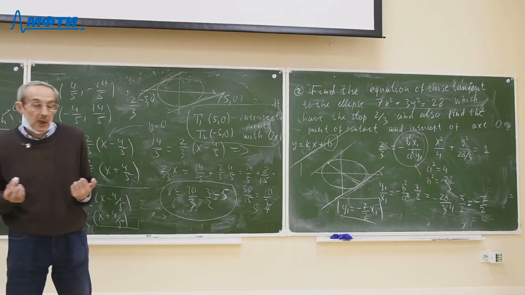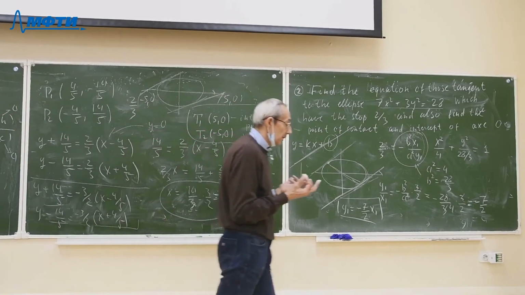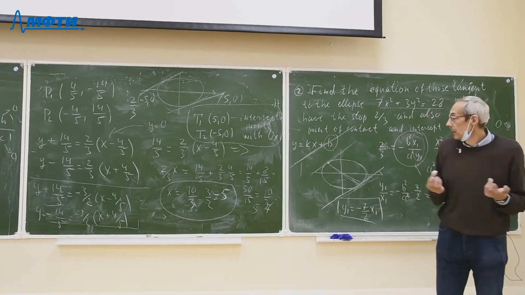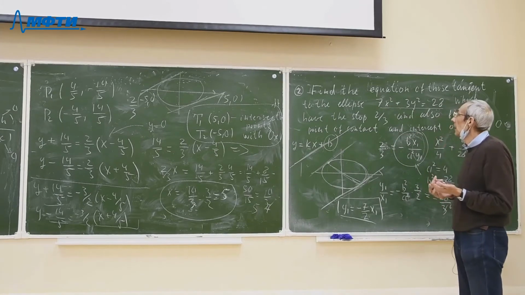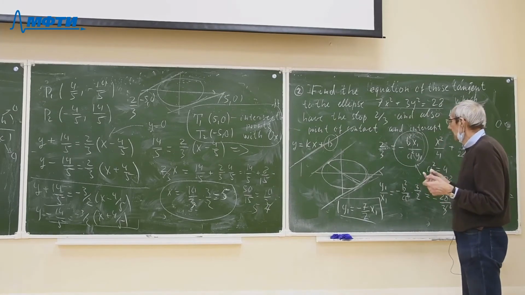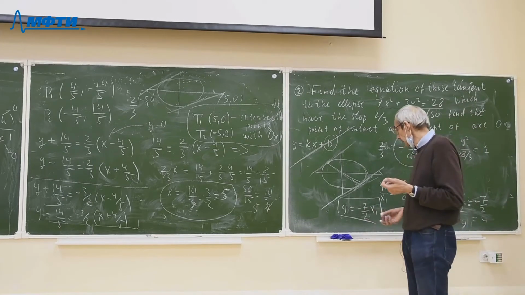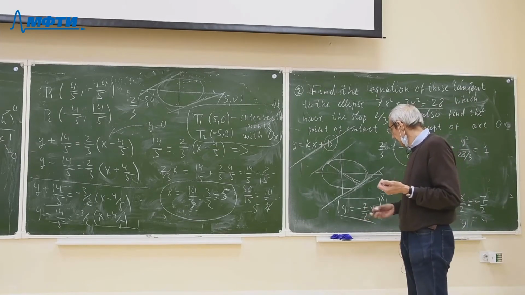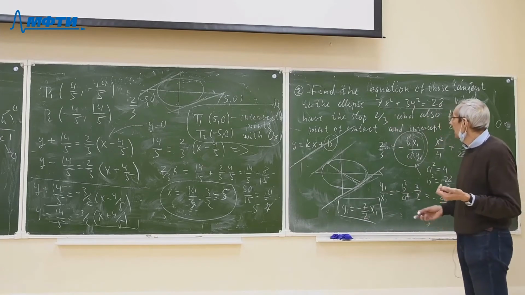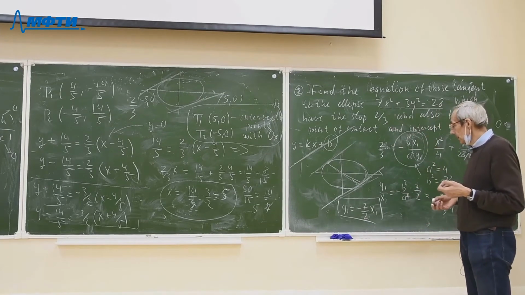If we know this ratio, we can substitute it into the equation of the ellipse.